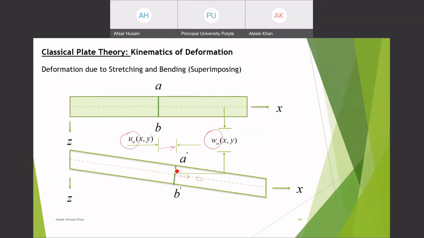In the next figure it will be more clear, we will call the angle of rotation alpha. So this is how the kinematics of deformation works in classical plate theory, where the transverse normal is getting stretched as well as deformed because of the bending.